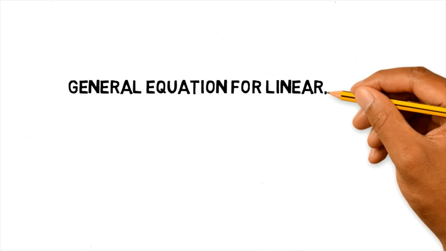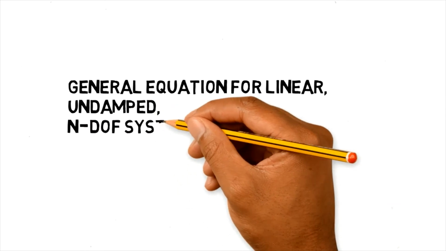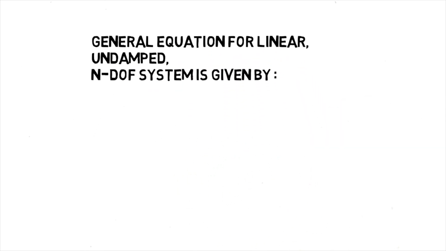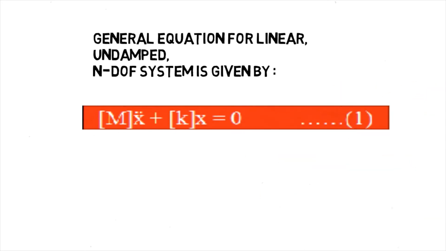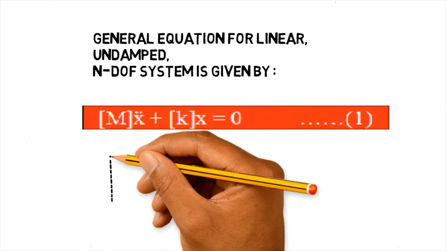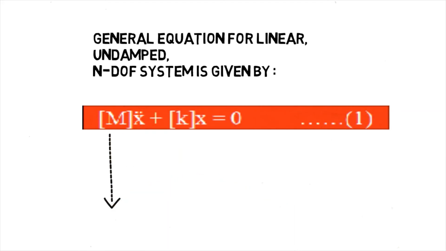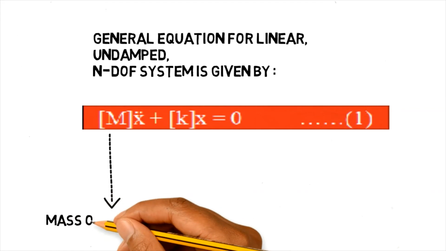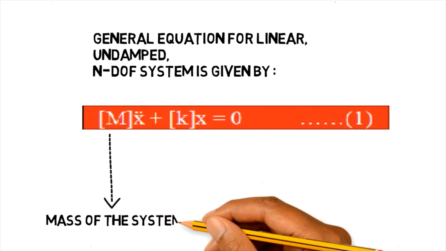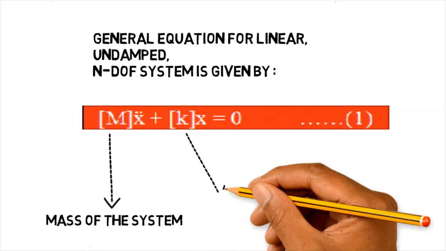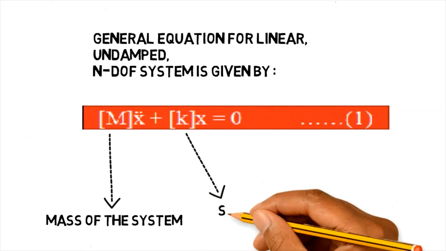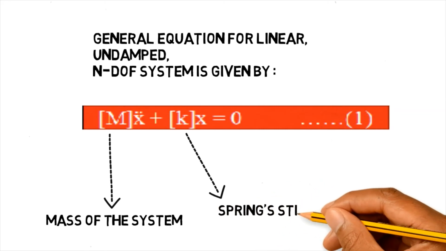The general equation for linear undamped MDOF system is given by m x double dot plus kx equals to 0, where m is the mass of the system and k is spring stiffness.